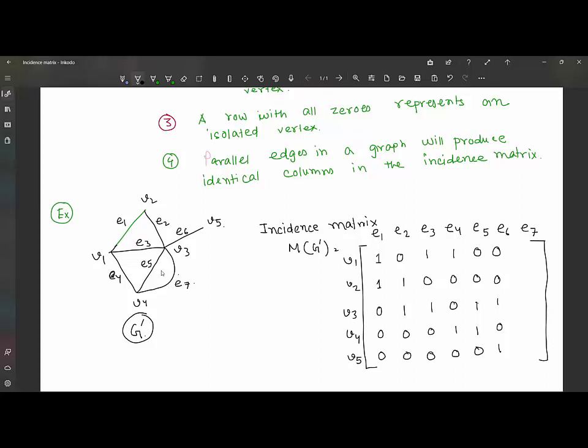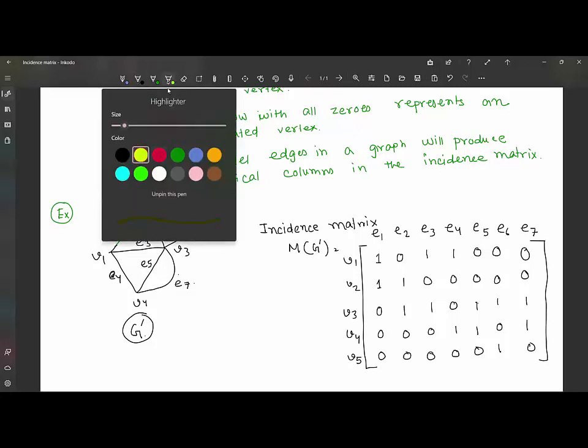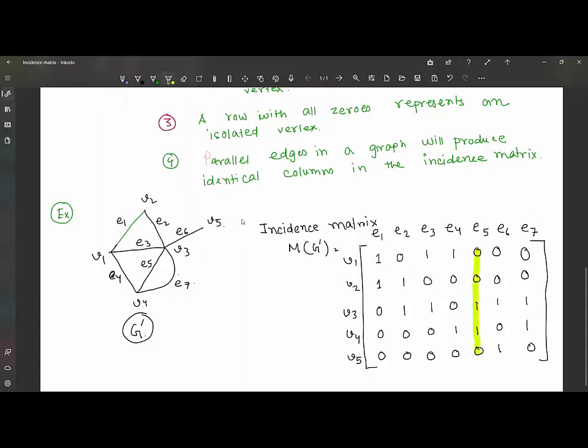And then E7 is connected with V3 and V4, and every other value is 0. So here E5 and E7 are actually parallel edges. That's why the columns corresponding to E5 and E7 will be identical, and you can easily see that these two columns are identical, because these two are parallel edges.